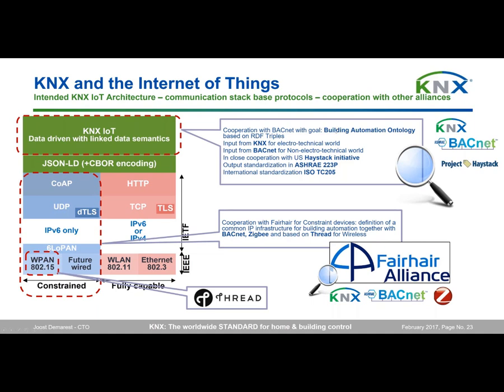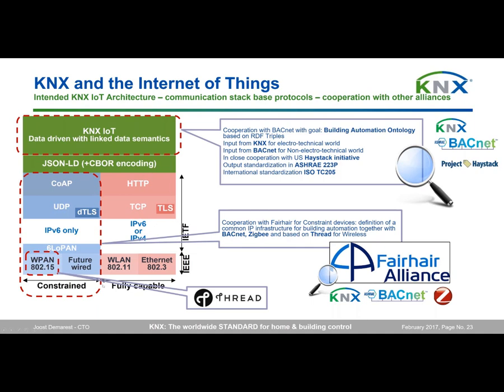In the end, we wish to standardize this building automation ontology also through ISO TC205. For this constrained stack, we are cooperating together with BACnet and ZigBee in the Fairhair Alliance.